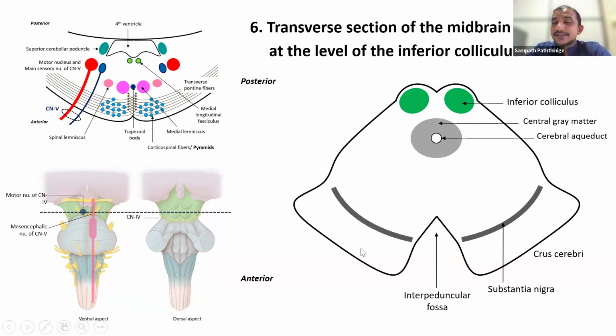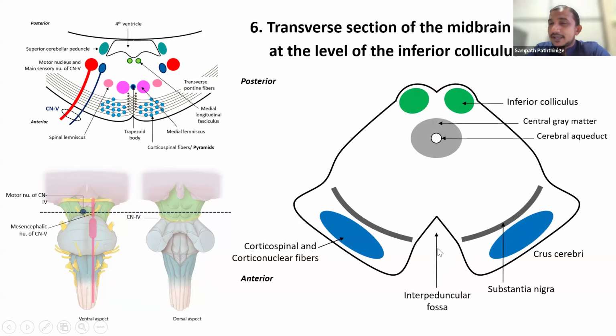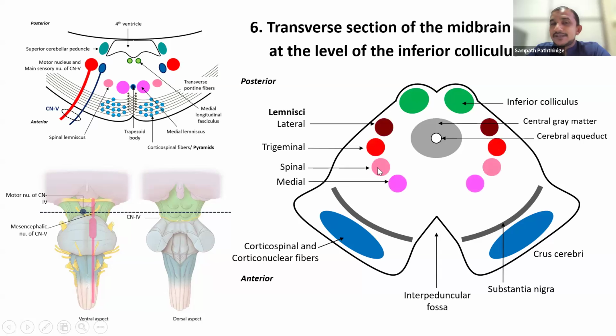And then the anterior most part contains the corticospinal and the corticonuclear fibers. So there are descending pathways. The ascending pathways, you have the medial lemniscus, spinal lemniscus, trigeminal lemniscus, lateral lemniscus, everything, right? All the lemnisci are there now because they are ascending, right, towards the cerebrum.